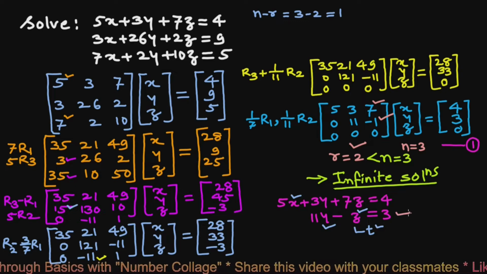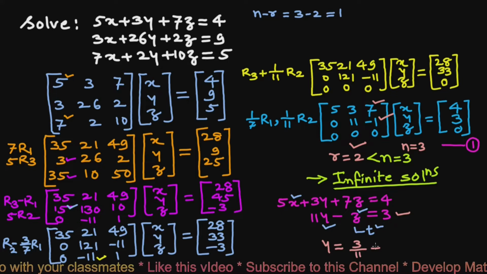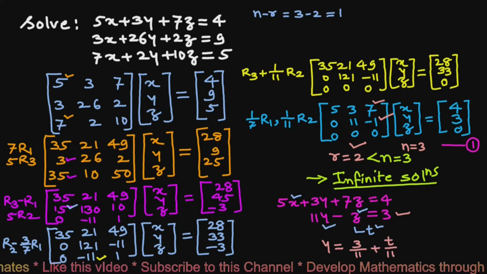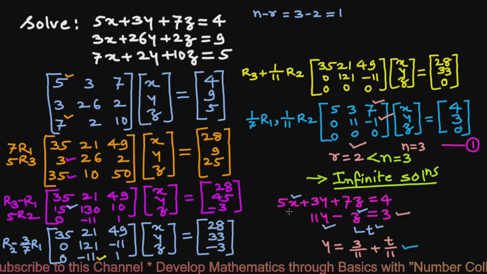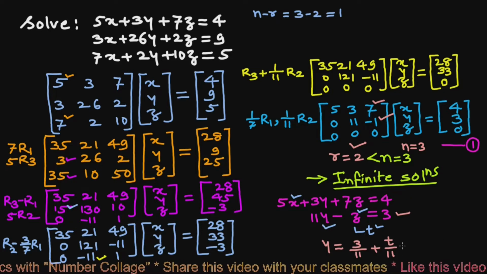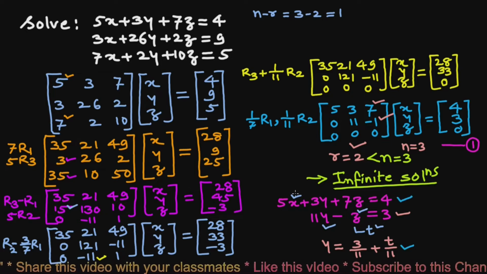So from this equation we get y equals 3 upon 11 plus t upon 11. Now we will use this value of y to find the value of x, by substituting it in this equation.